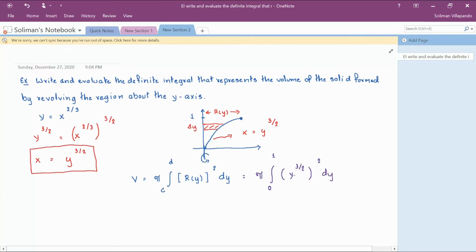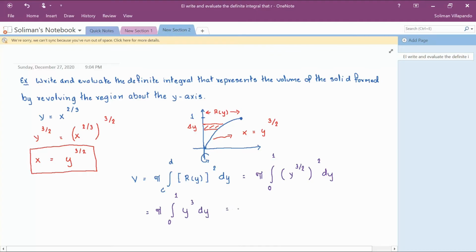Again, the reason I solve for x in terms of y is that we take an integral with respect to y. Let's simplify this a little bit. I would have pi times an integral from 0 to 1 of y to the 3 over 2, squared. The 2 will cancel out, so you have y cubed dy.